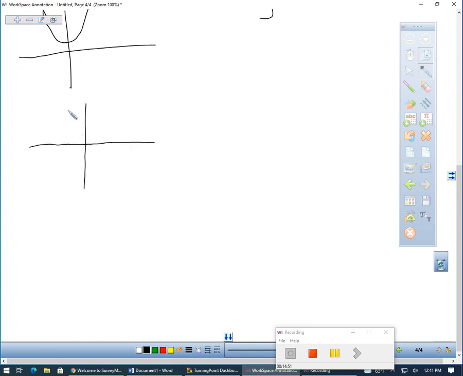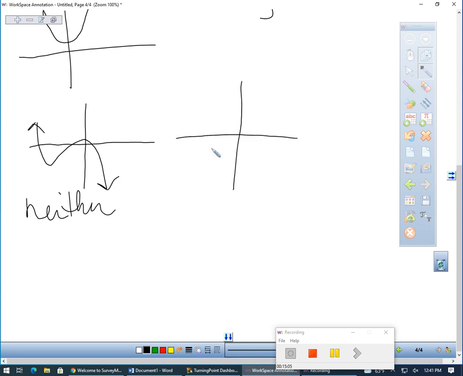So, tell me, in this picture, is that odd, even, or neither? This is neither. Very good. How about this picture? If I could draw better. That is supposed to be odd.